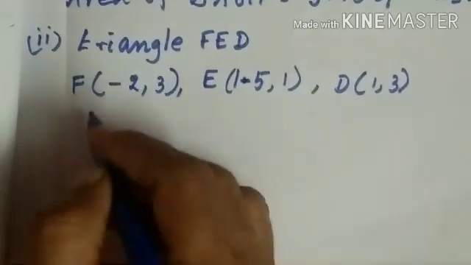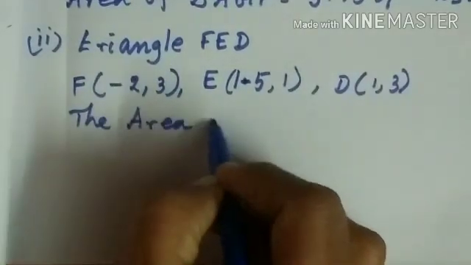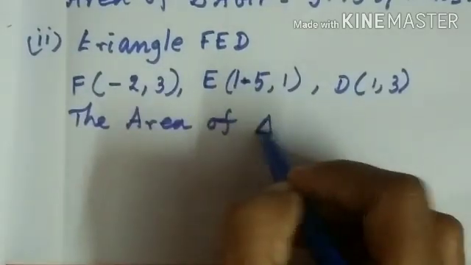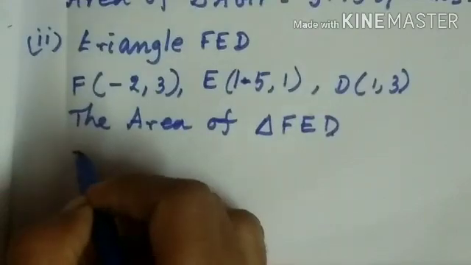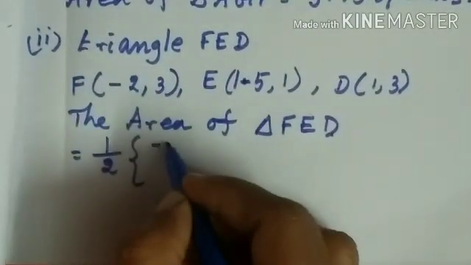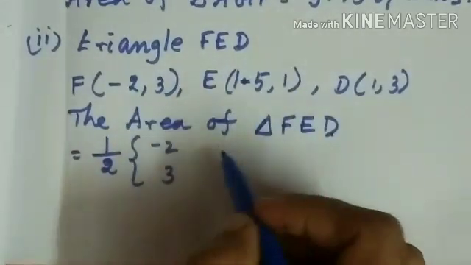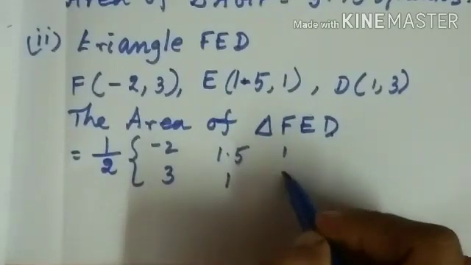Now we have to find the area of triangle FED, that is half into F point minus 2 3, then E point 1.5 1, D point 1 3.